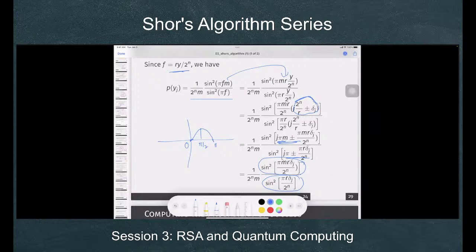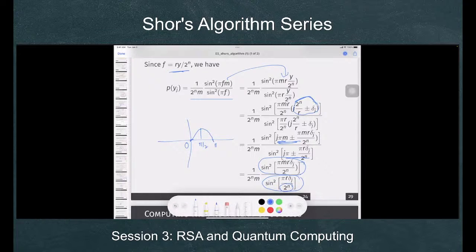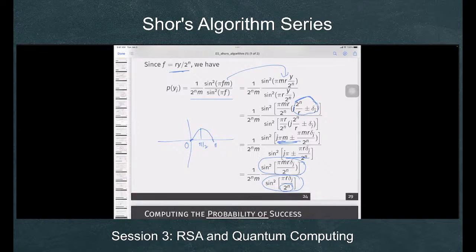Now, as you can see, 2 to the n is a very big number. For very small angles, sine of x is approximately equal to x.